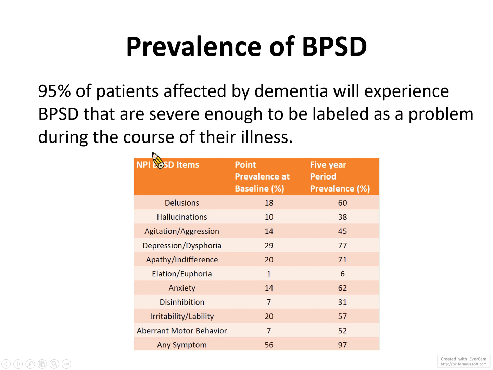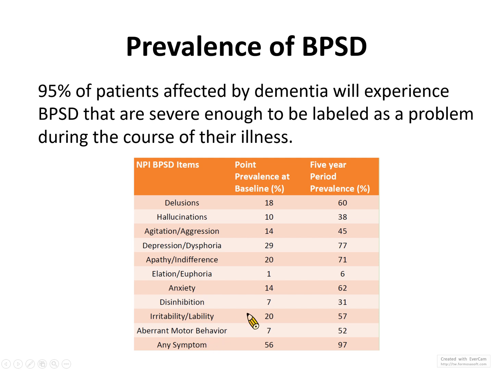And BPSD can be quantified by a questionnaire called the Neuropsychiatric Inventory, or NPI questionnaire, including 12 items covering delusions, hallucinations, agitation, depression, apathy, mood elation or euphoria, anxiety, disinhibition, irritability, aberrant motor behavior, and any other symptoms.